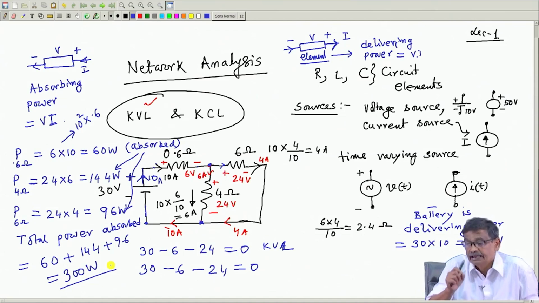KCL at any junction will be satisfied at all times, and power balance must be satisfied.